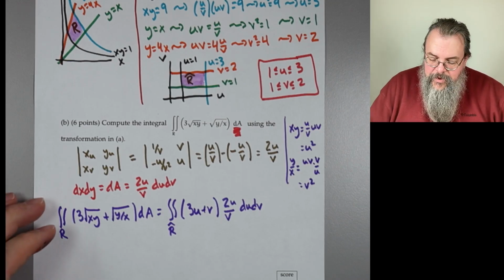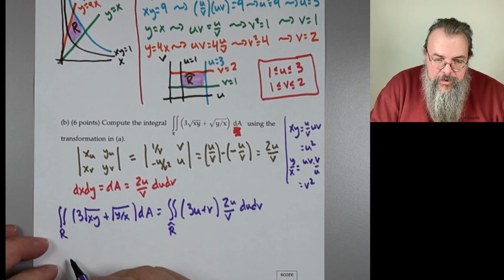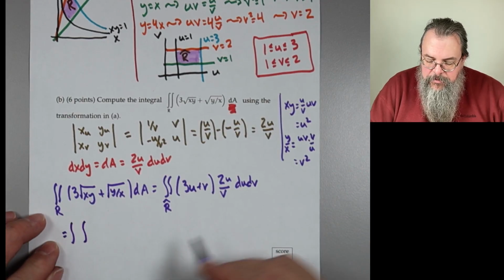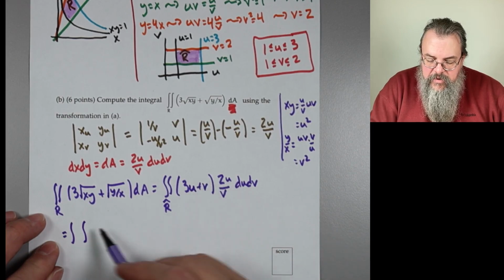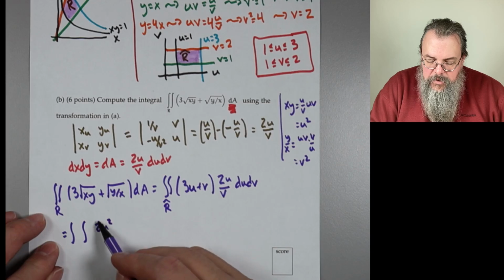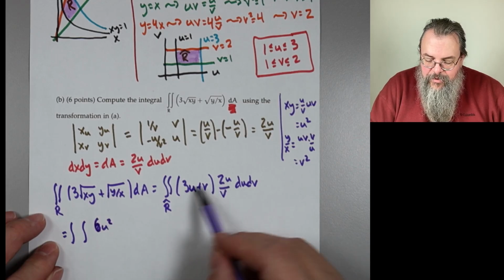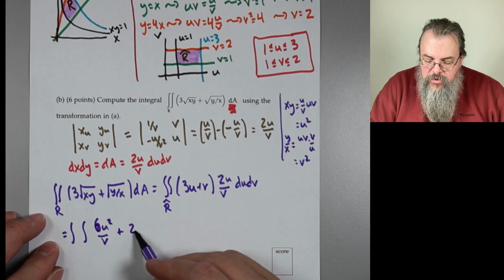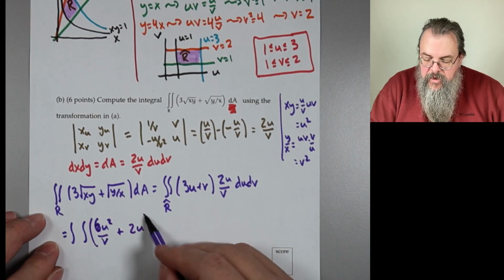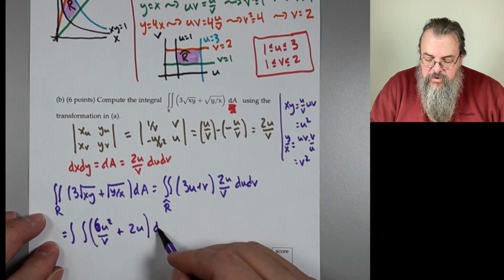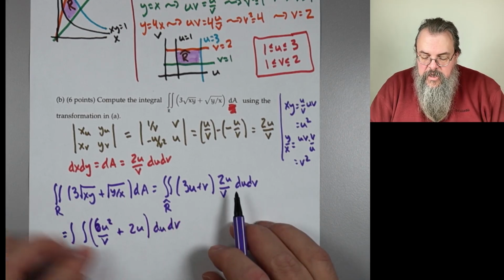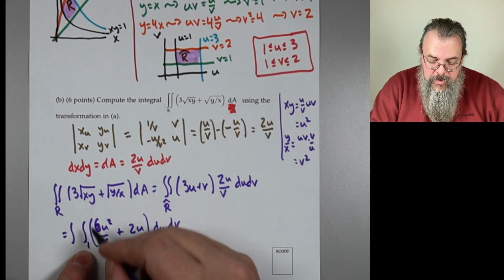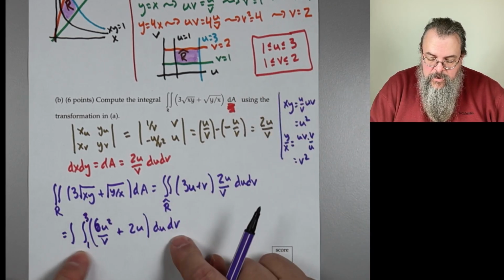We really should have been ready to throw in our bounds, so let's throw those in. Here we multiply in, that's 6u squared over v plus 2u, because the v's cancel, du dv, and u goes 1 to 3, and v goes 1 to 2.